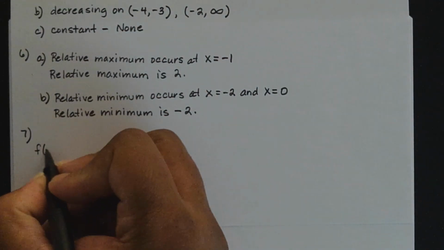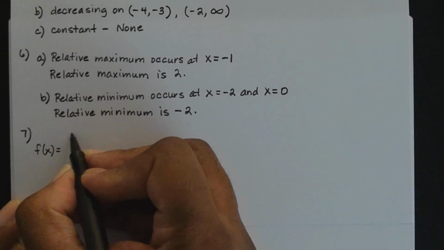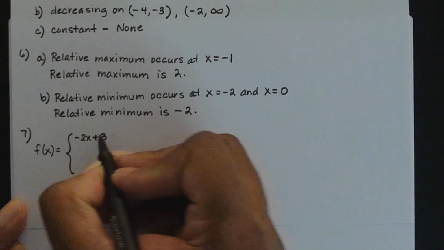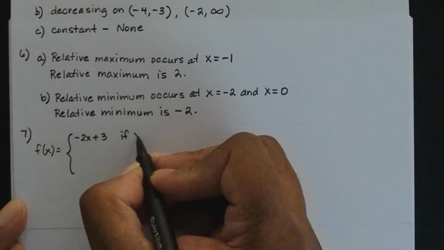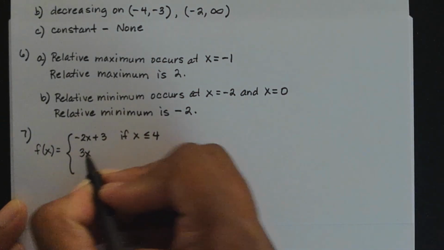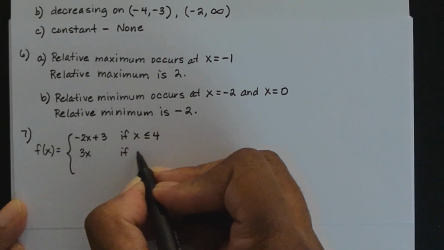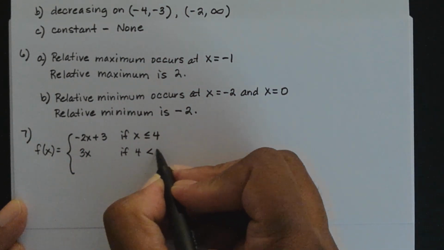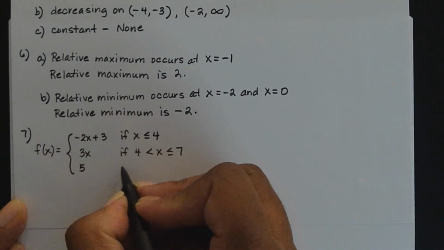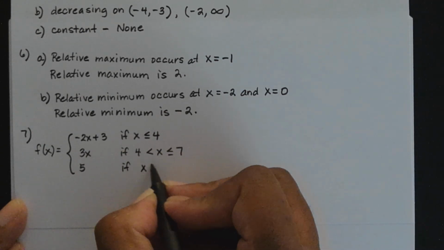So here, f of x is -2x plus 3 if x is less than or equal to 4, or 3x if 4 is less than x and less than or equal to 7, or 5 if x is greater than 7.